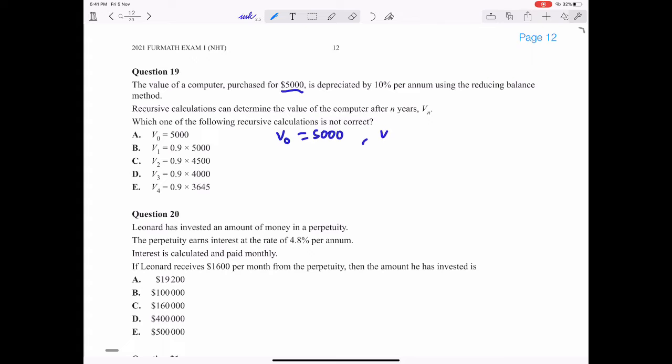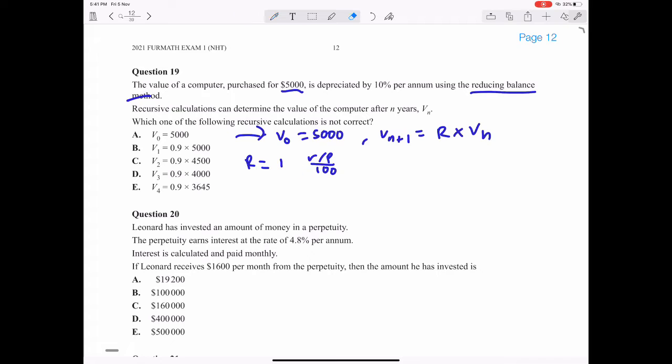and Vn plus 1 equals R times Vn, and you know that because we have the reducing balance method, which follows this rule over here. So the value of R would be R equals 1 plus or minus r on P on 100. In this case, we're using minus because it's reducing balance.